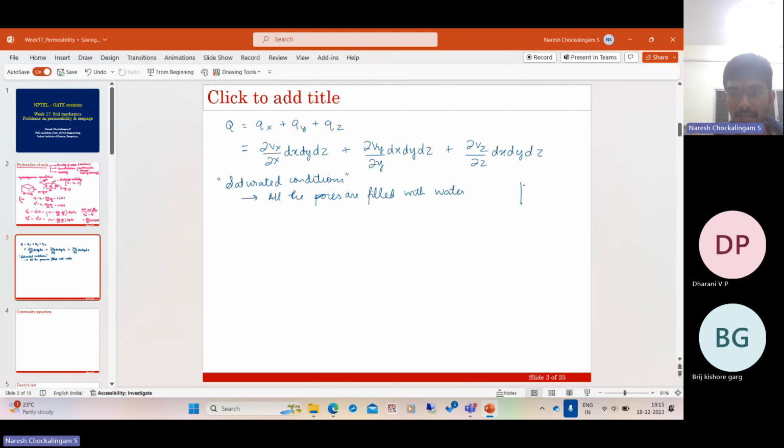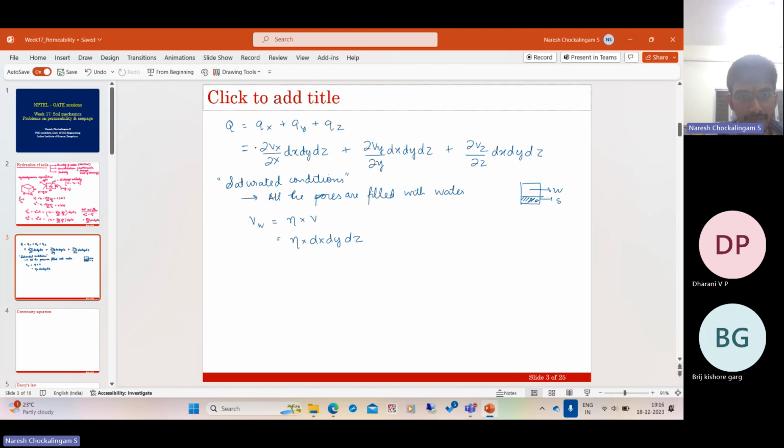So if you remember the three-phase diagram, you have soil and you have water. There is no air. The volume of air is 0. So the volume of water is nothing but the porosity into the volume of soil, the entire total volume. What's the total volume? It is dx dy dz. And suppose eta is the porosity. This is the volume of water.